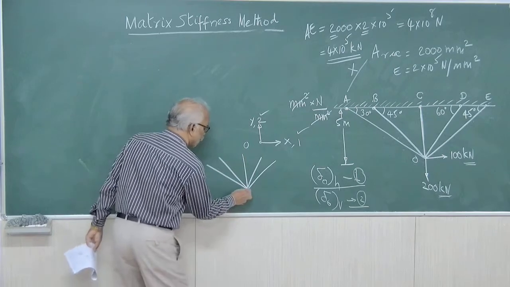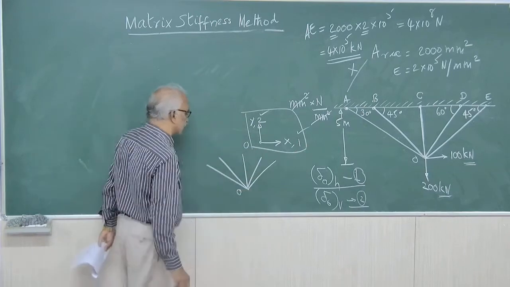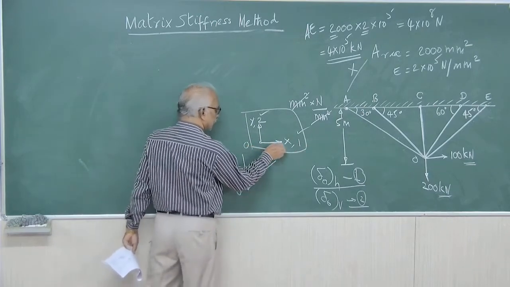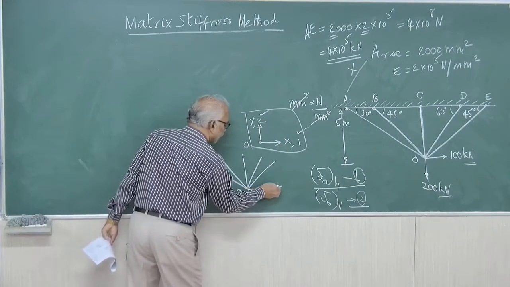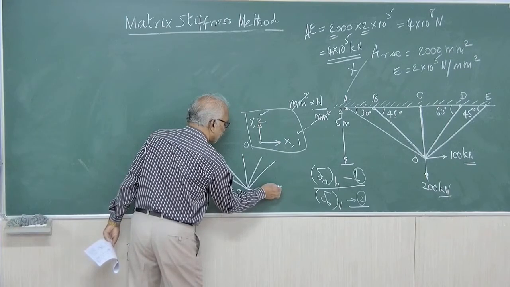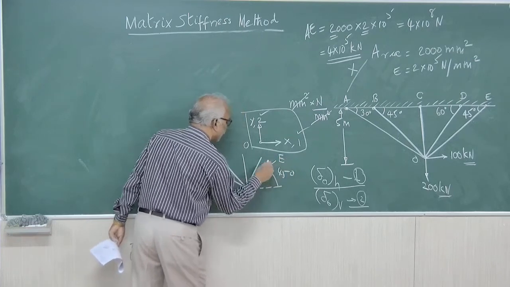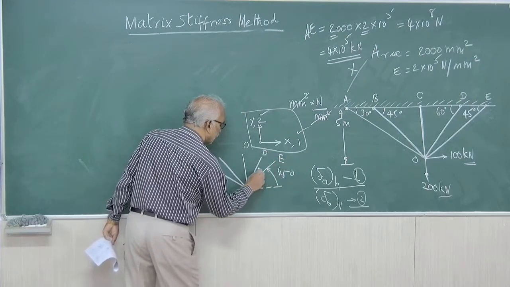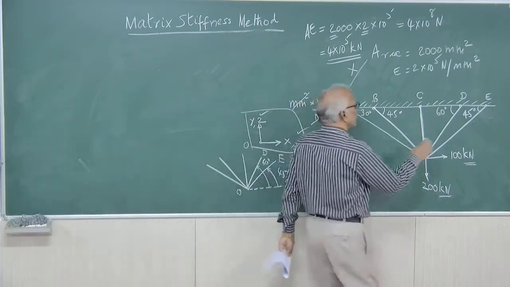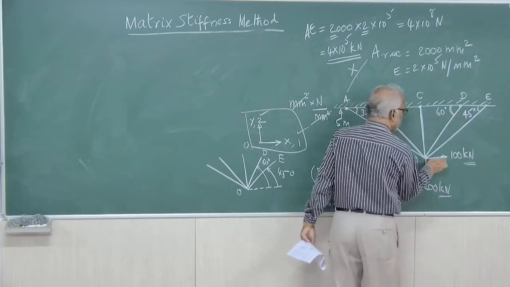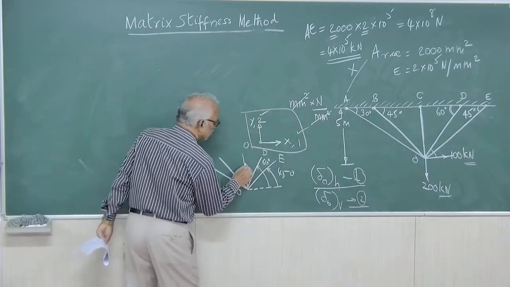Right. So this is O. We have taken the origin and the coordinate axis like this. So from the x-axis, this is horizontal. From here, this angle is 45 degrees for member OE. For member OD, this is 60 degrees. Because this angle is 60, therefore with the horizontal, this angle will also be 60. For the third member OC, this is 90 degrees.